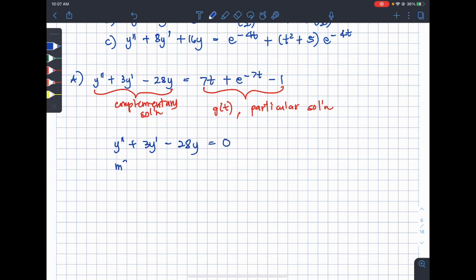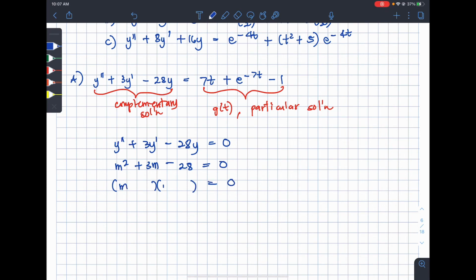Then I'm just going to make it m squared plus 3m minus 28 equals 0. Can we factor this out? 28 is 7 and 4.